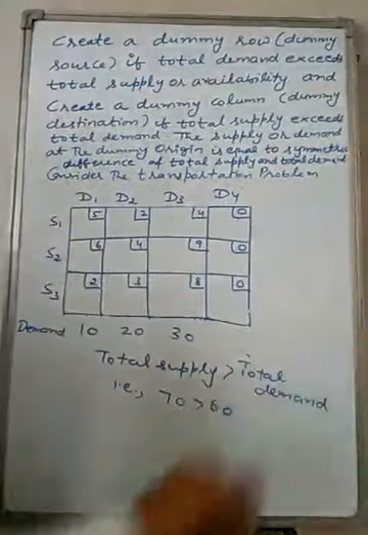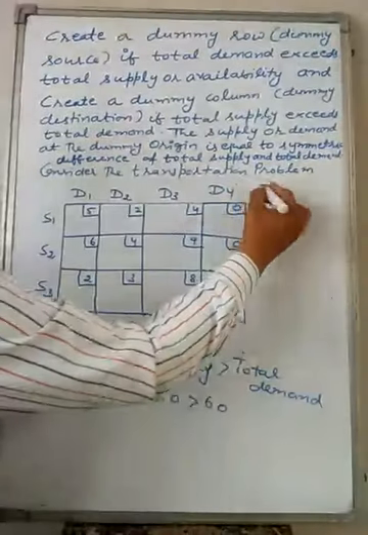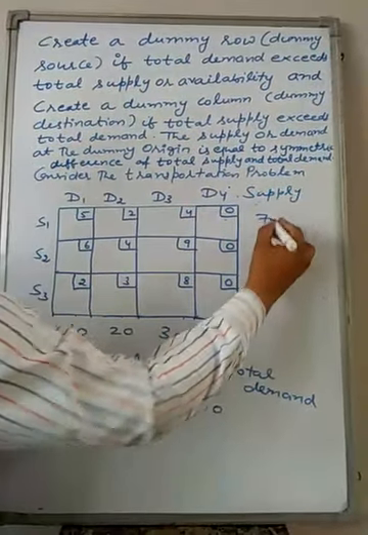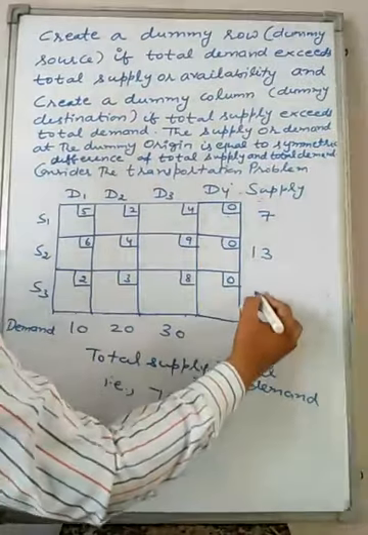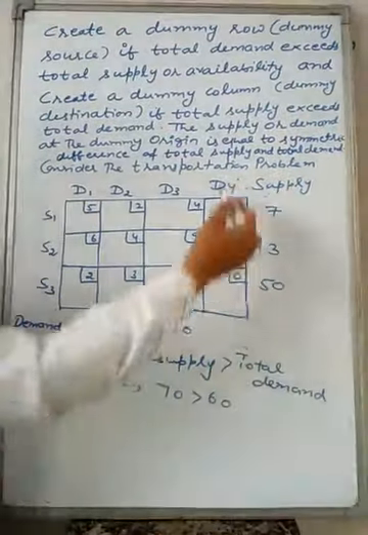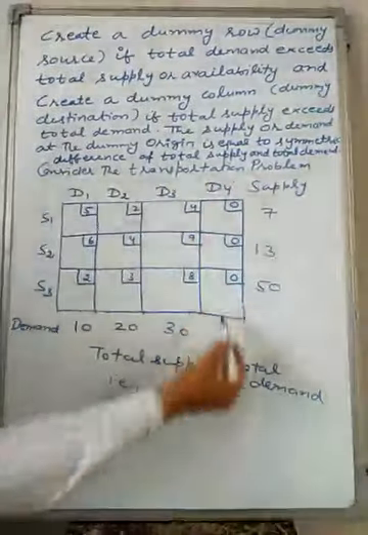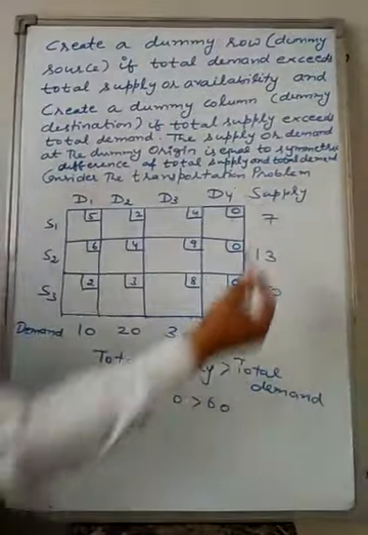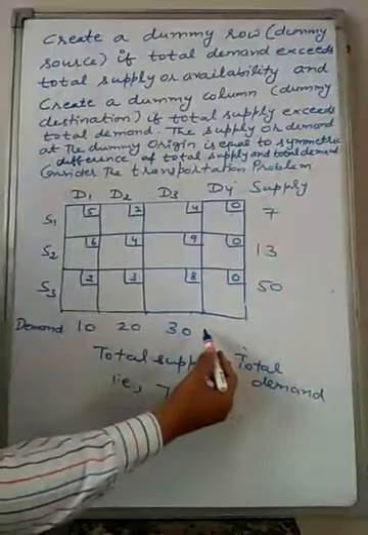Supply as given: 7, 13, 50. Now, what is the demand at this dummy destination or dummy column? That is the symmetric difference of total supply and total demand.